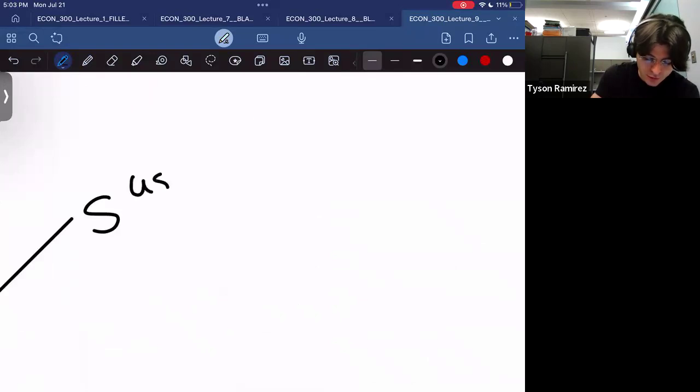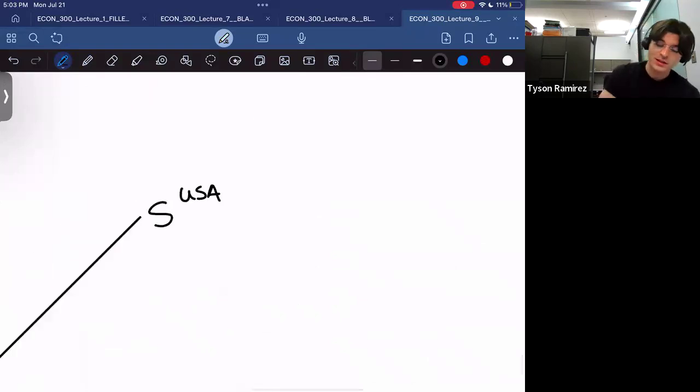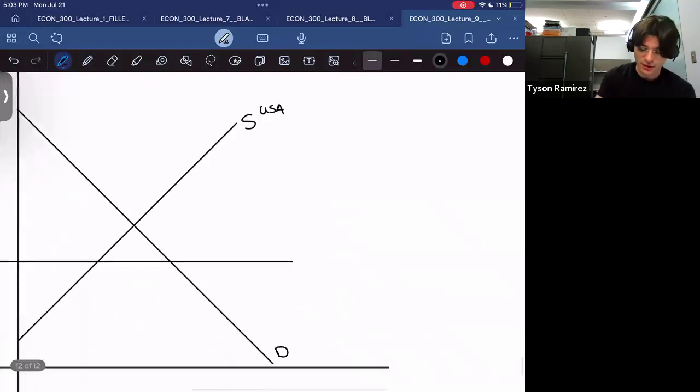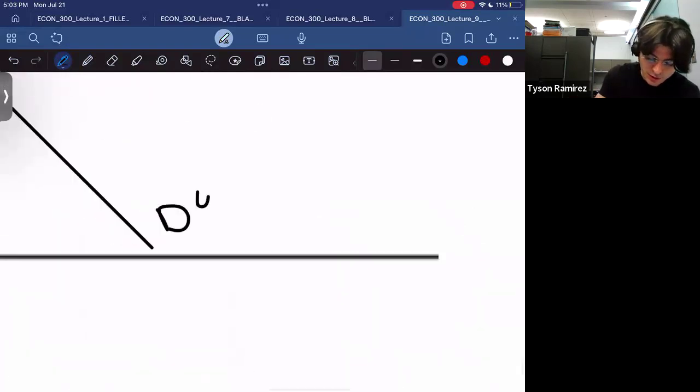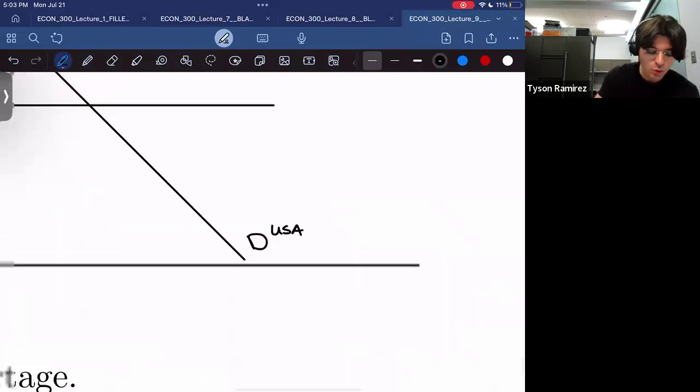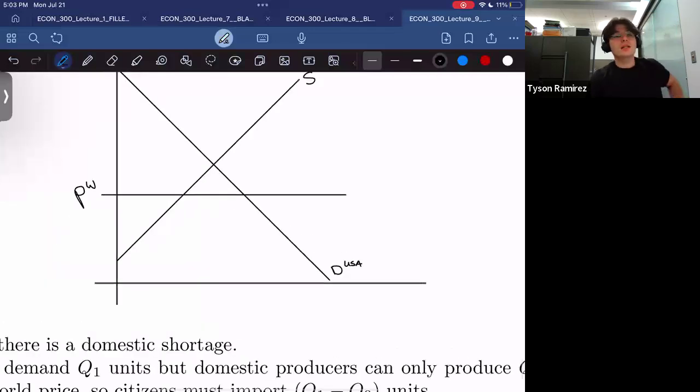For example, if we're in the States, I'm in the States right now, this is the USA supply curve, and this is the USA's demand curve. But this is the world price, all right? So why would we even import things in the first place? It's usually because it's cheaper to get them outside of borders. So that's why we want to import things.